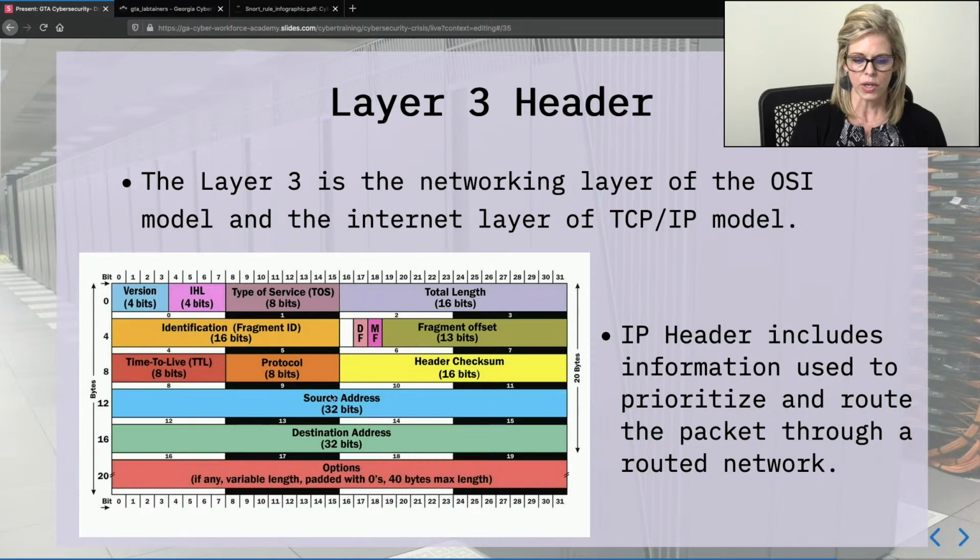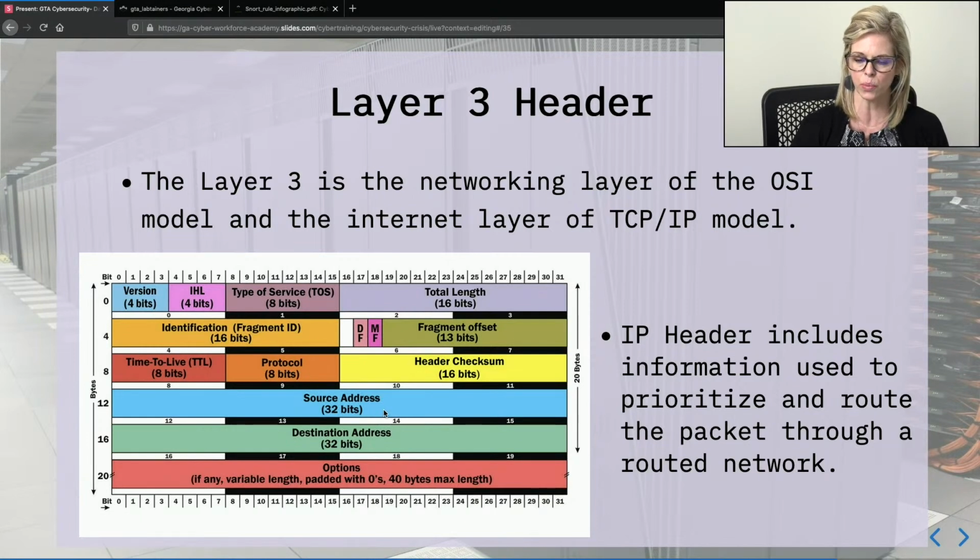The source address and destination address are 32 bits, only if this is an IPv4 header. If it's IPv6, of course, it's going to be 128 bits in both the source and destination. And typically, IP headers should not change.